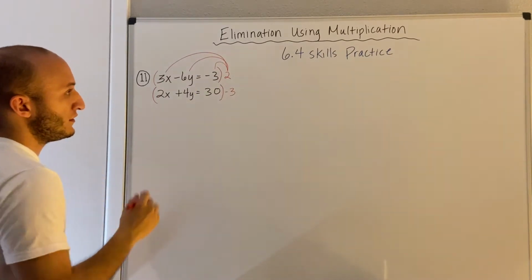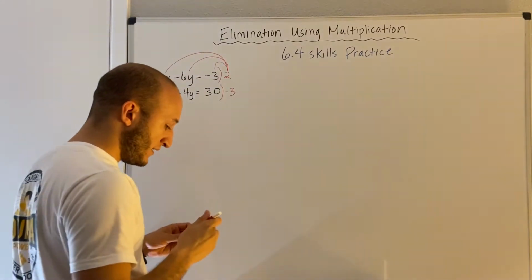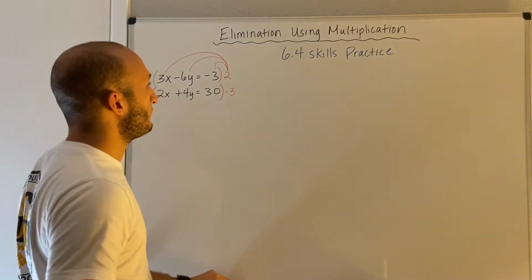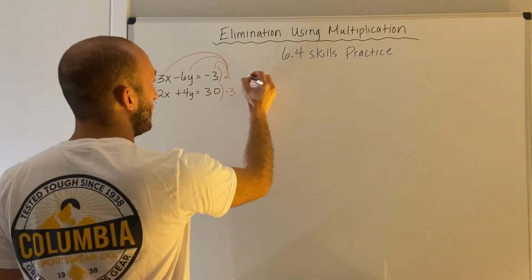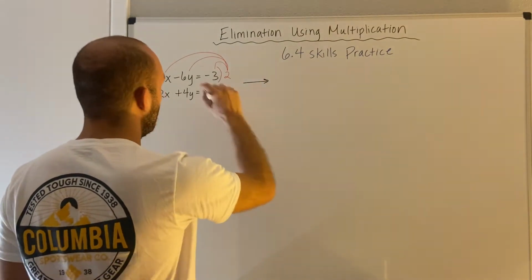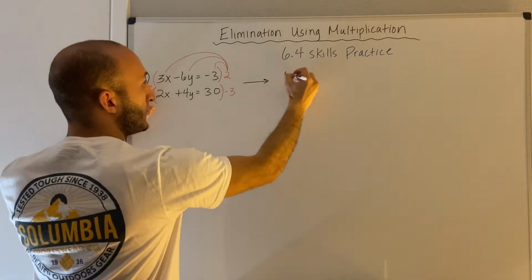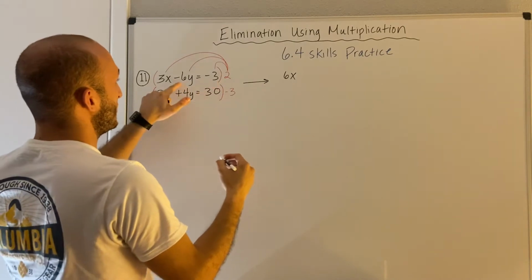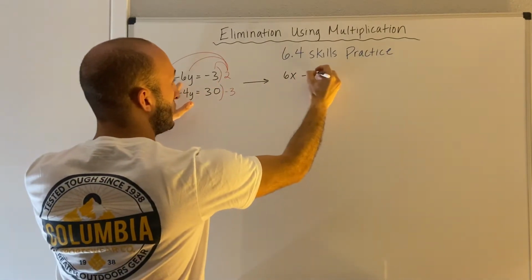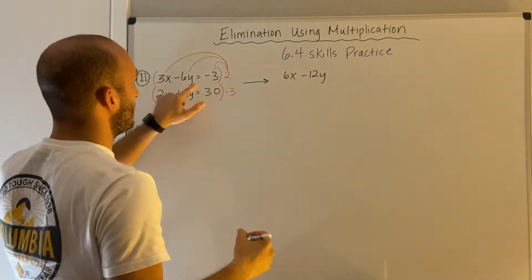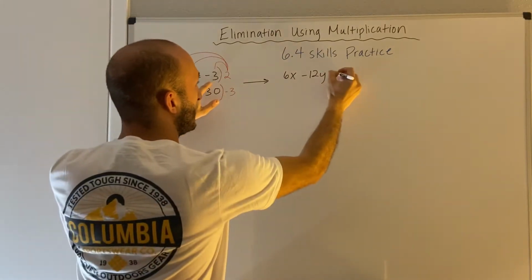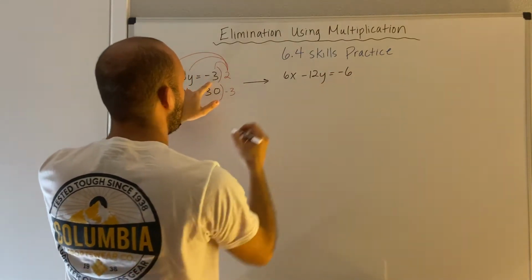Okay, so once I multiply these, I'm left with, I'm gonna move this way right here. So I have 2 times 3, I have 6x. 2 times negative 6 is a negative 12y. 2 times a negative 3 is a negative 6.